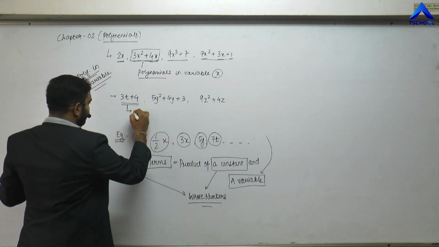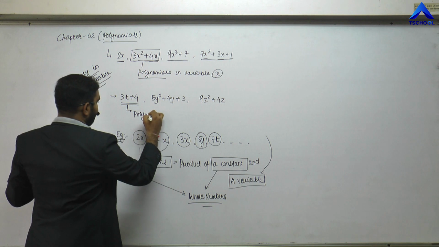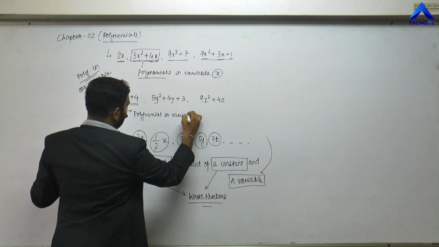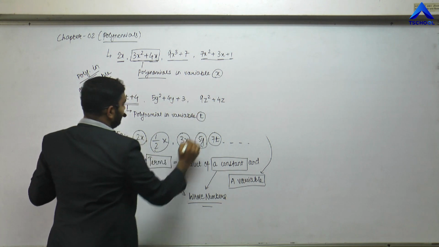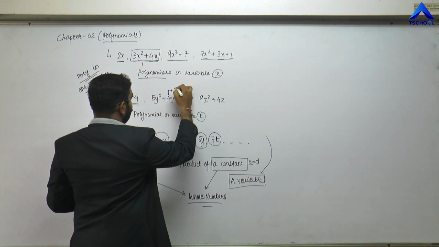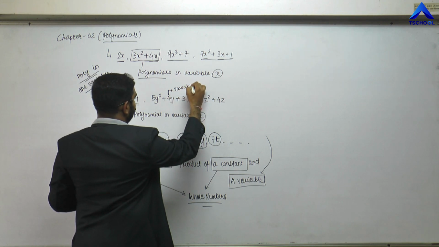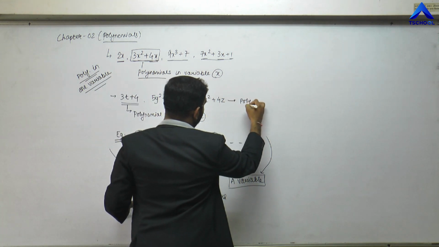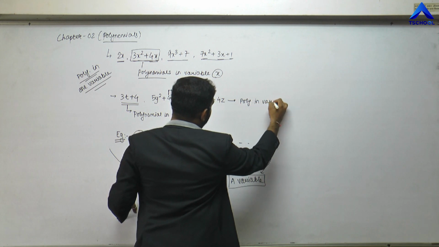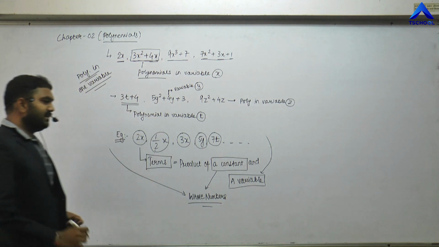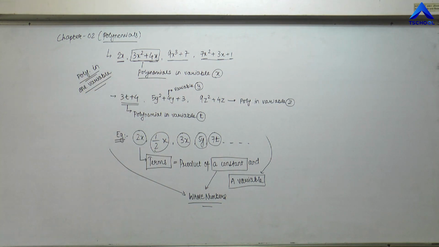Similarly, the second one is a polynomial in variable y, and the third one is a polynomial in variable z. So these are the examples of different polynomials that we have discussed till now.